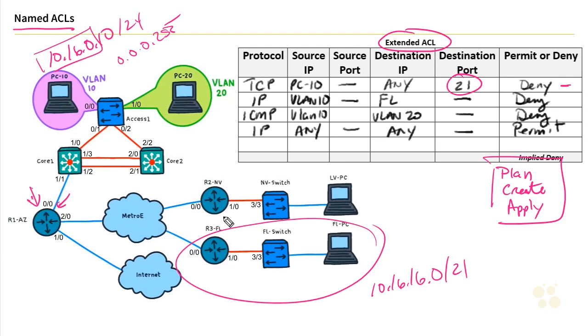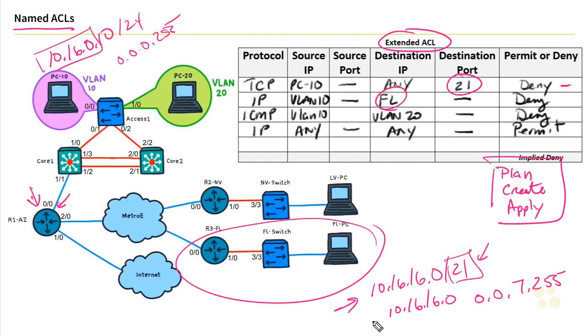So if we want to match on anything with that destination, we need to use that network, 10.16.16.0, with the appropriate wildcard mask that represents the 21-bit network, which would be 0.0. And then we'd break in the third octet, and it would work out to be 7.255. We've stepped through the logic and math for that based on this network previously in these videos.